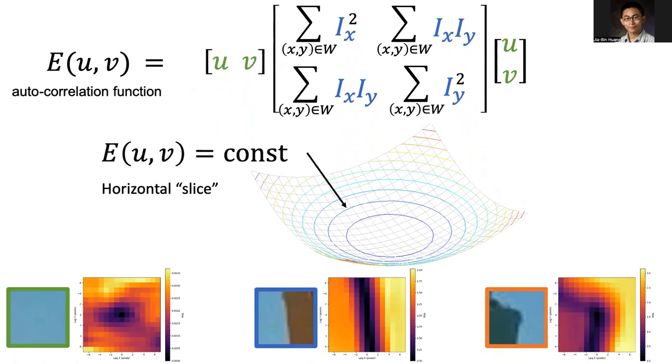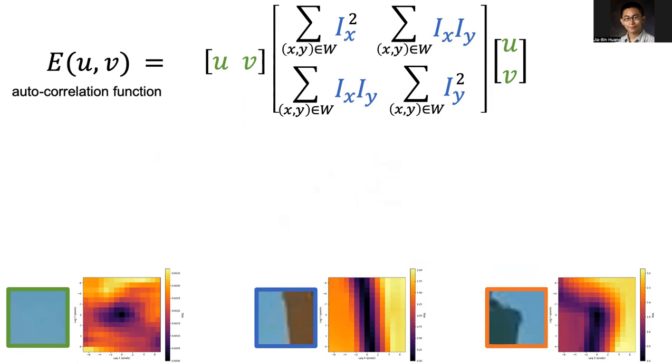It's a 2D quadratic function, and you can characterize this quadratic function by looking at that 2 by 2 matrix. Suppose I have this as a constant; basically, you can draw the iso-curve on that function. Let's see what that looks like.